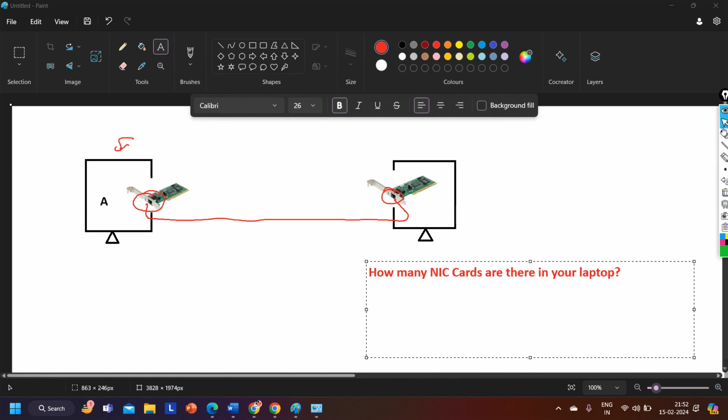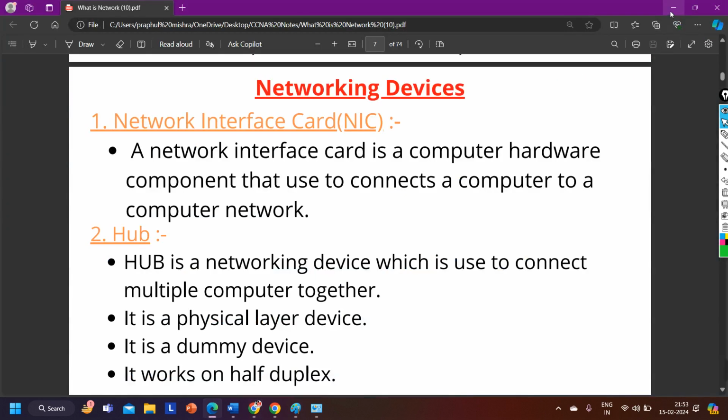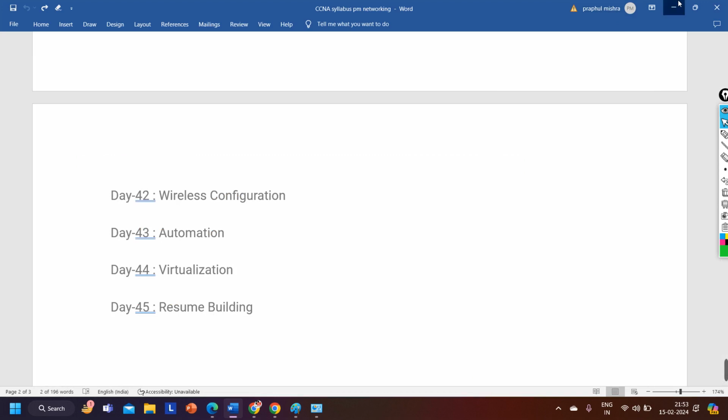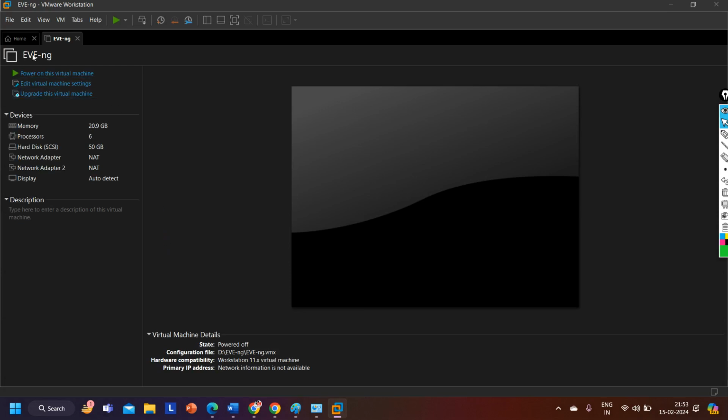Now if I want to use Linux as well as Windows and many more operating systems, I can use VMware. You can see in my computer there is VMware software, and if I open my VMware, you can see there are lots of devices. You can see EVNG is there.